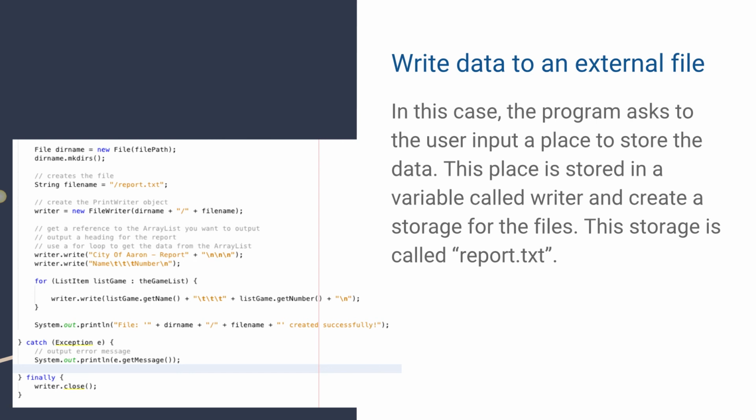And if it's inside his computer, then he can go to the place he put, like the desktop, and the desktop will have the CIT file report file, and inside this report file will have another file, report.text, and everything that comes from the game, from the program, will be stored there.